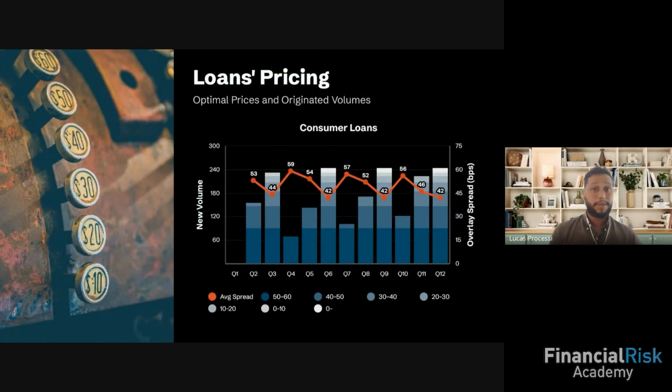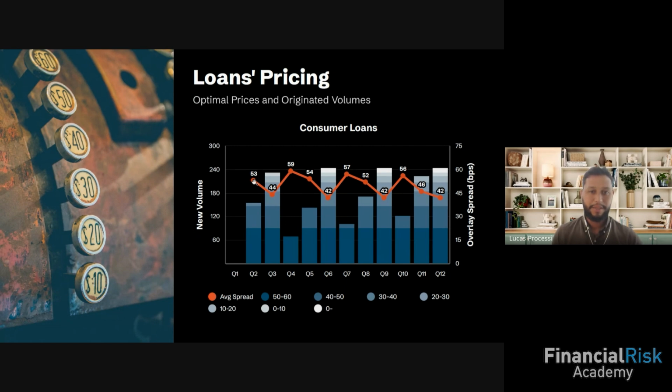All right, so in terms of loan pricing, we have here a breakdown of the consumer loans new operations. These bars here are the new volume contracted for consumer loans, and in this red line we have the overlays that the model decided, right? So the model decided on a 53 basis point overlay in the second quarter, and it gives us a new volume symbolized here by this bar.